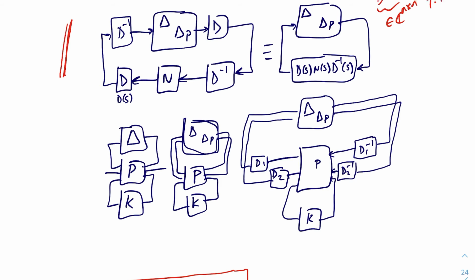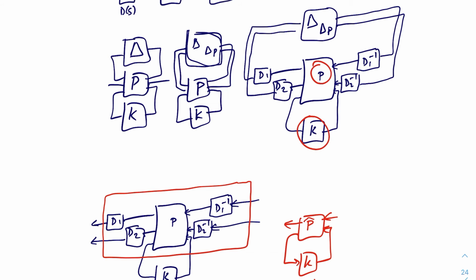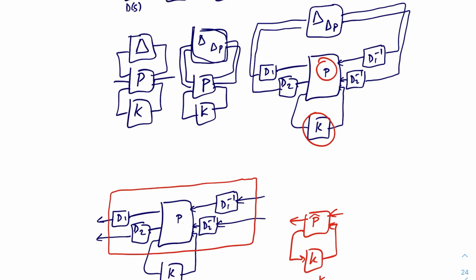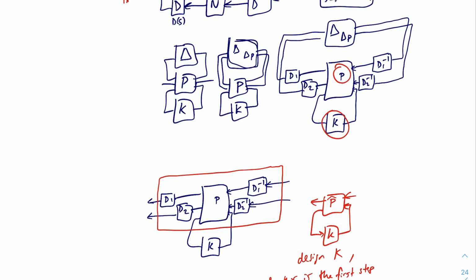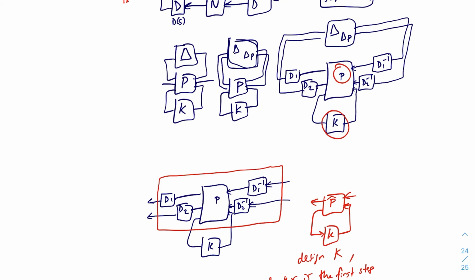So just to make things a little easier. And okay, so this is the K we found in the first step, and this is the P that we started our problem with. And now what we need to do is just look at the problem. Look at this problem.